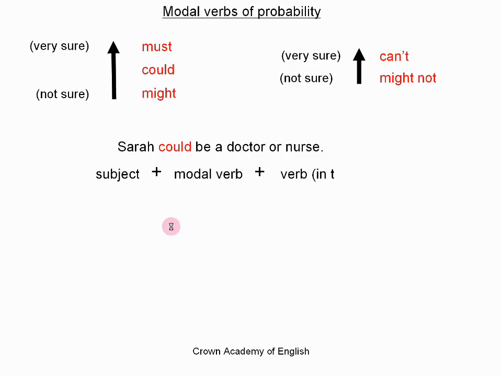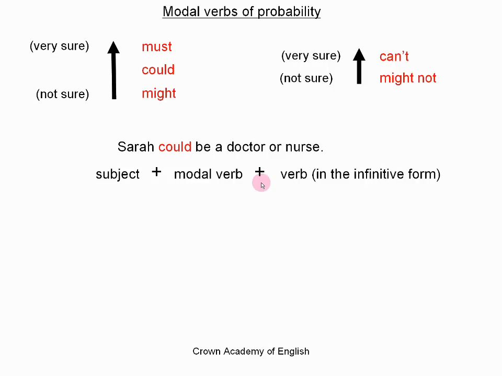And so the structure is we have the subject followed by the modal verb, then followed by the verb, and the verb is in the infinitive form. So here Sarah is the subject, could is the modal verb, and be is the verb in the infinitive form.